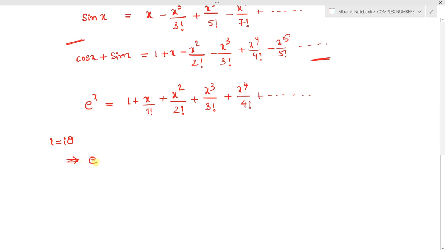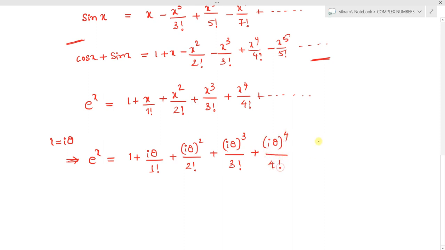Then e power x equals 1 plus i theta by 1 factorial plus i theta whole square by 2 factorial plus i theta whole cube by 3 factorial plus i theta whole power 4 by 4 factorial plus i theta whole power 5 by 5 factorial and so on, which is an infinite series.